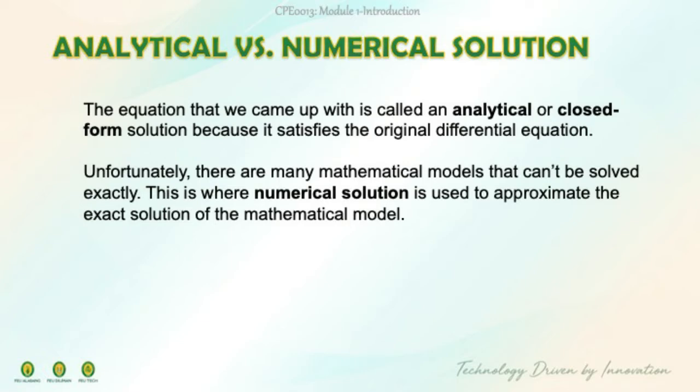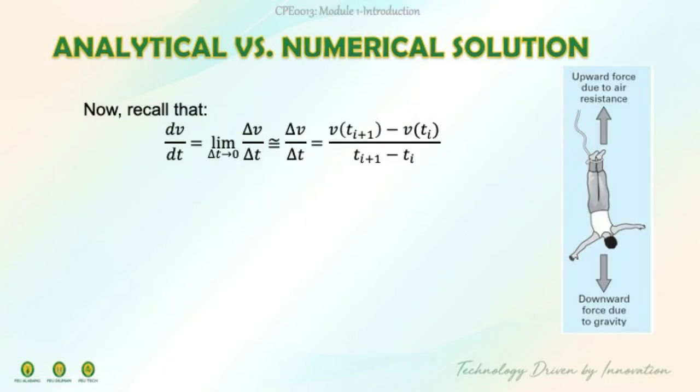So again, this can be illustrated by our original equation, which is dv/dt equals g minus (c_d/m) multiplied by v squared. Recall that dv/dt is equal to the limit of change of v over change of t as delta t approaches 0.